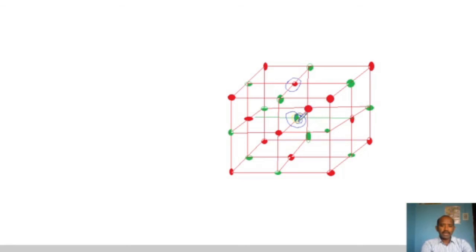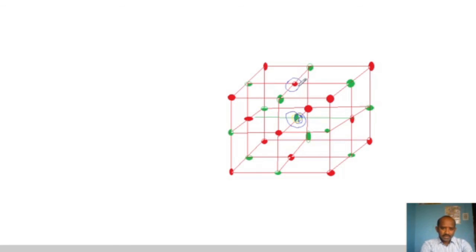It is coordinating with 4 atoms in that plane, 1, 2, 3, 4. One atom is at the top, another atom is at the bottom. So it means that the sodium ion is coordinating with 6 chlorine atoms.